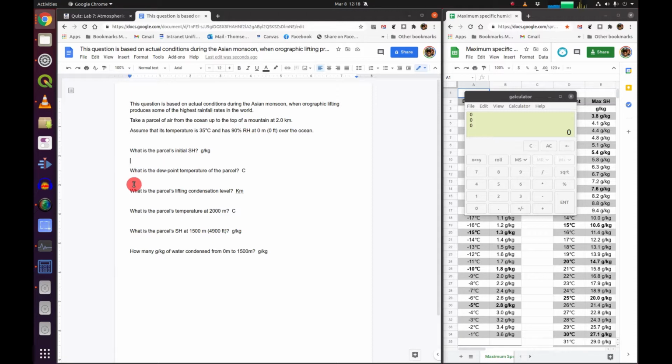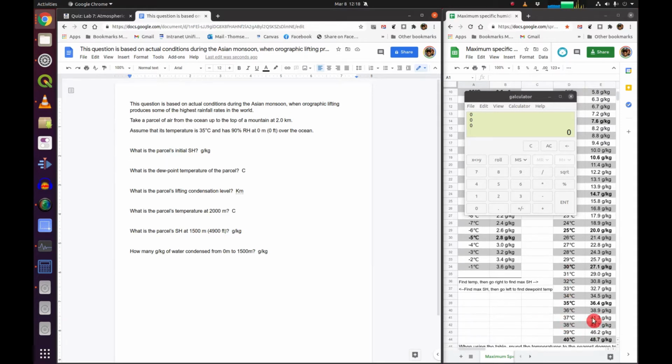So the parcel's initial specific humidity, and I'm going to look that up over here. So at 35 degrees, the maximum is 36.4, times 0.9 equals 32.76.